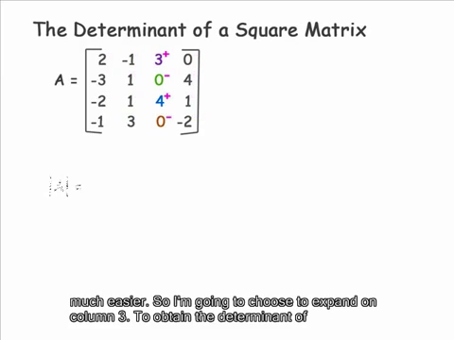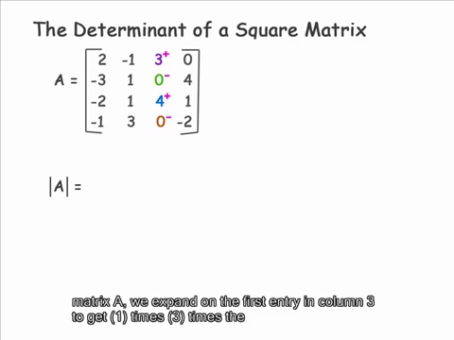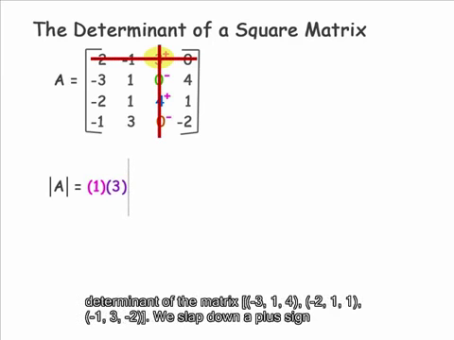To obtain the determinant of matrix A, we expand on the first entry in column 3 to get 1 times 3 times the determinant of the matrix, row 1: -3, 1, 4; row 2: -2, 1, 1; and row 3: -1, 3, -2.